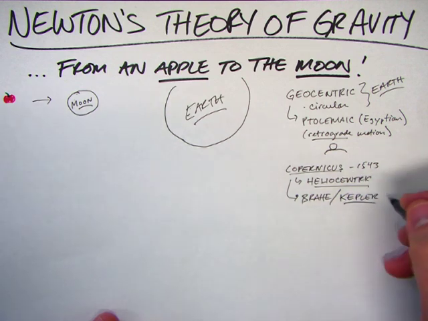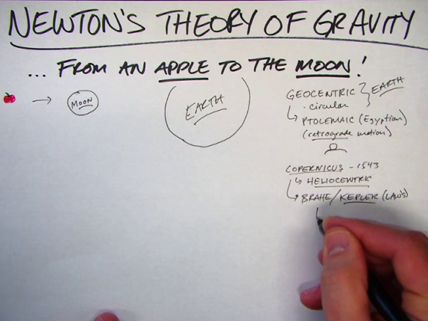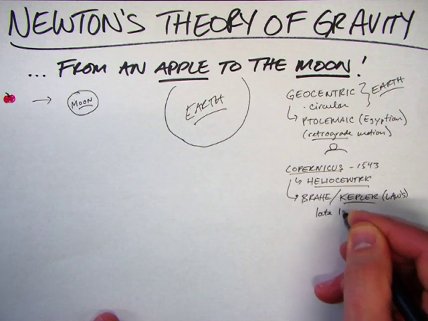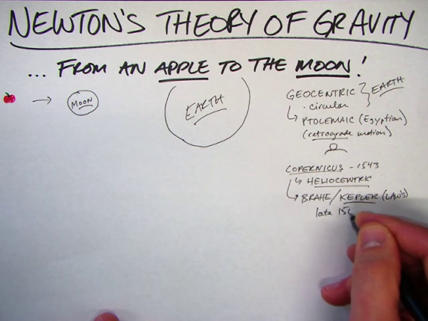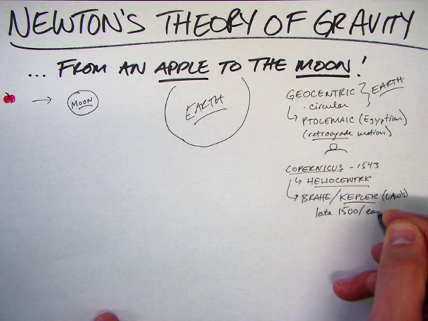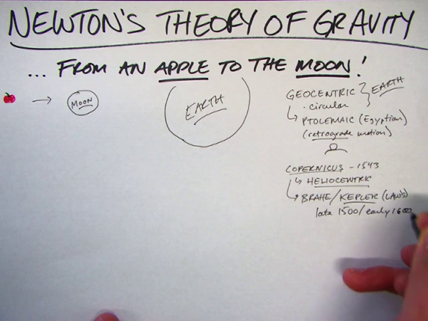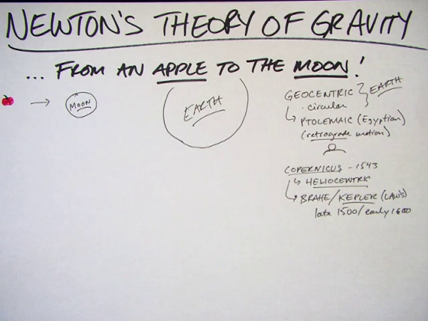We'll learn about Kepler's laws, and that's late 1700s, or I'm sorry, late 1500s, early 1600s. And that led to the idea of elliptical orbits versus circular orbits.